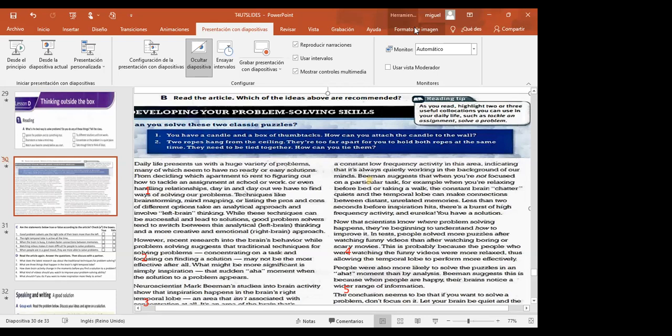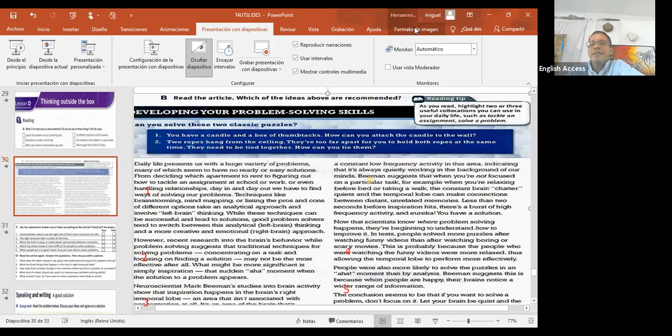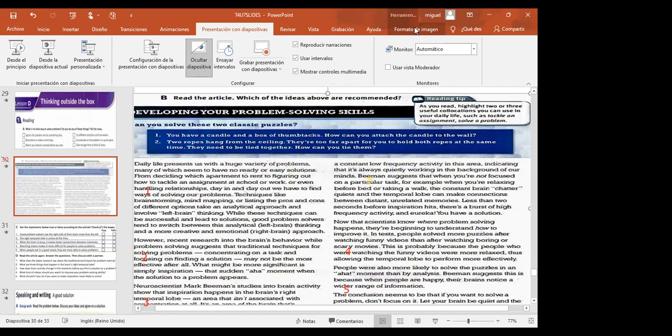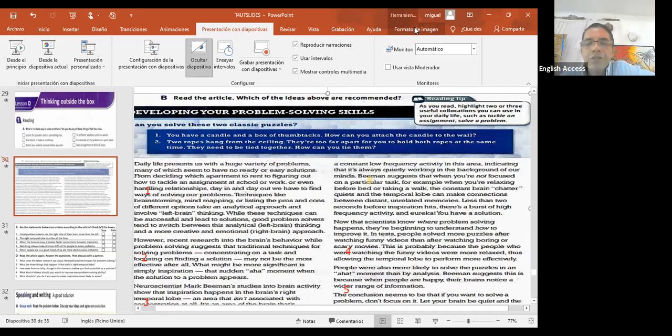This is possibly because the people who were watching the funny movies were more relaxed, thus allowing the temporal lobes to perform more effectively. Yes. How do you say that, teacher? To perform more effectively. Okay. Yes, we are going to work on pronunciation after you finish.